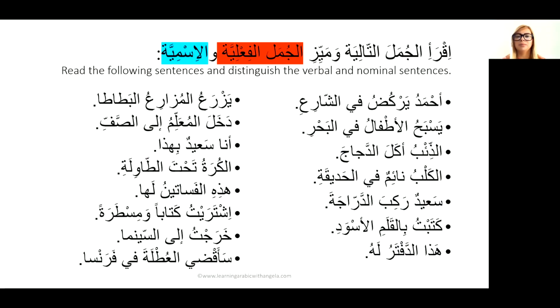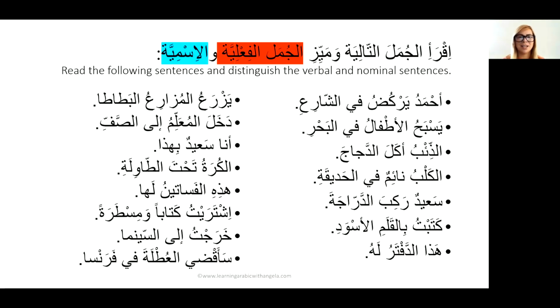Okay, so a challenge for you now. اقرأ الجمل التالية وميز الجمل الفعلية والاسمية. So read the following sentences and distinguish which ones are verbal and which ones are nominal. So the same sentences that we worked on earlier, and we were trying to literally dissect them.